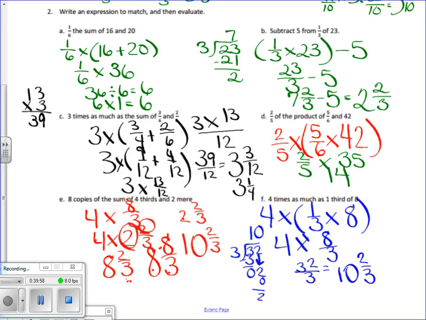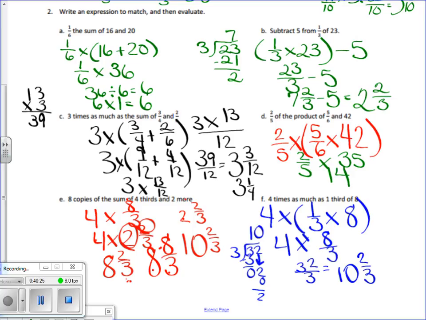So if you're going to do it this way, you have to make sure you take your number, multiply it by the whole number, multiply it by the numerator, but you leave your denominator alone, because it is the same as repeated addition. It's 2 plus 2 plus 2 plus 2, which is 8.